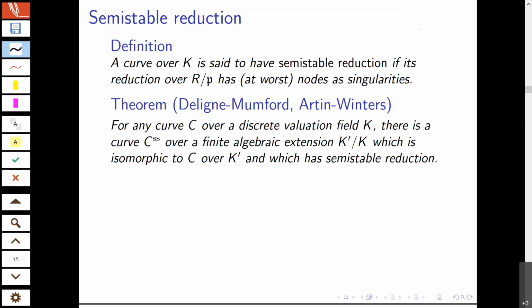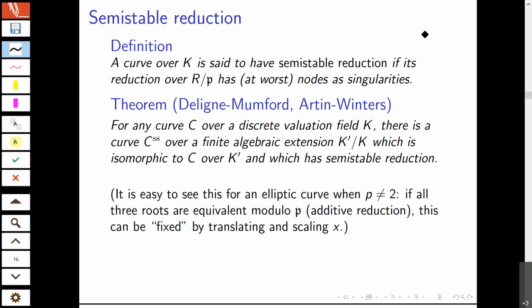Any curve that I give you over a discrete valuation field, even if its reduction has cusps in it, we can always do something to the equations of the curve to get an isomorphic curve, maybe over a finite algebraic extension of the ground field, so that the reduction of that isomorphic curve has only nodes as singularities. So in particular, we should be able to do this with hyperelliptic curves, even in the worst behaved case where the residue characteristic is 2.